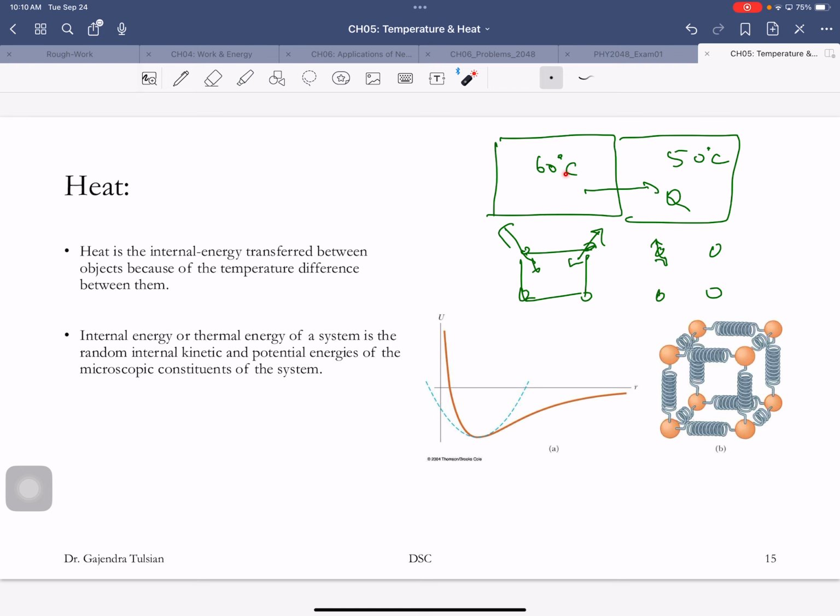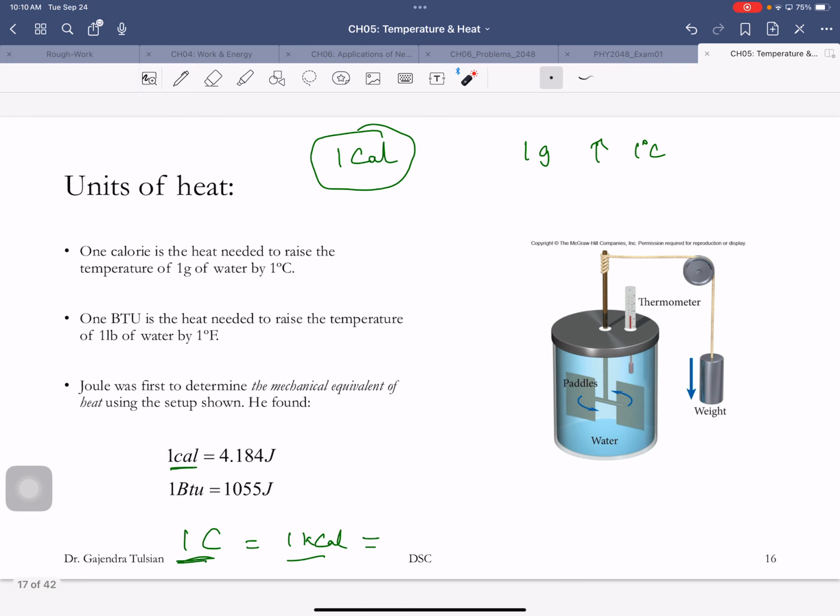Once they realized that heat was a form of energy, they needed to see how many joules a calorie was. Okay, so this was the experiment Mr. Joule did, and that's why we have named the unit of energy after Mr. Joule. Okay, so here's what he did.